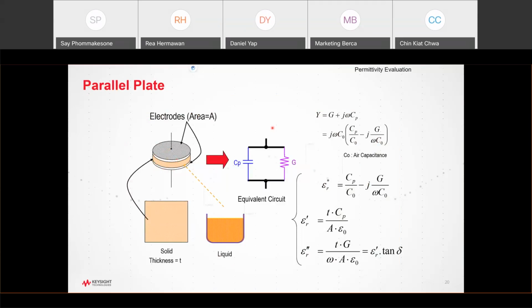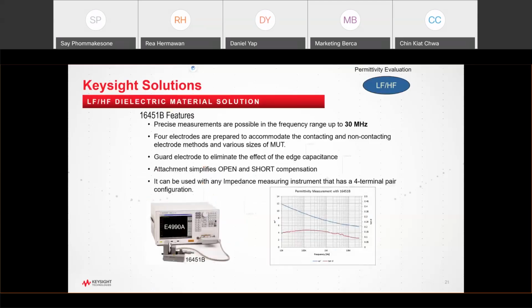And this is the circuit model of the fixture. We measure capacitance and measure the G. From this formula, we can calculate the actual permittivity value. And this particular solution works up to 30 megahertz, because the fixture depends on the physical dimension of the fixture, and to measure accurate capacitance, in this case, up to 30 megahertz.